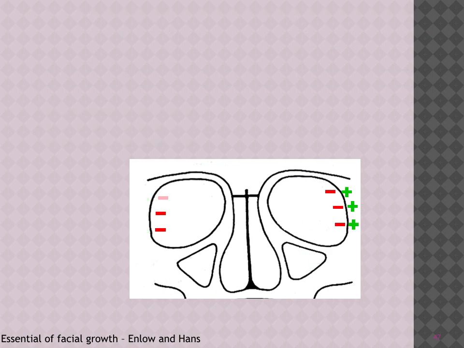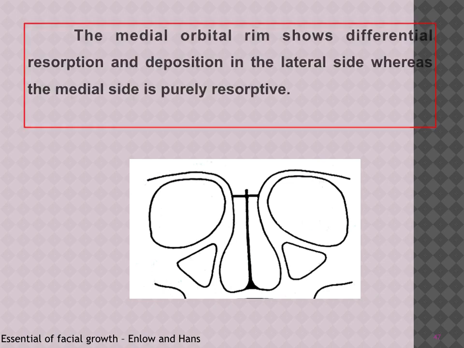So the orbit is expanding laterally, and outside, to keep the bone width, there is going to be deposition. On the medial surface of the orbit, you have mixed signs, because the wall wants to expand, but it has to form a barrier inside, making sure that the expanding nose does not invade. So you have mixed signs of deposition and resorption happening.